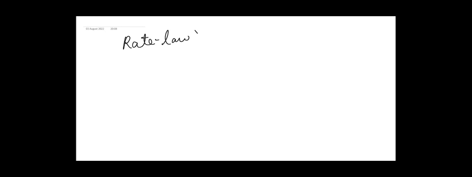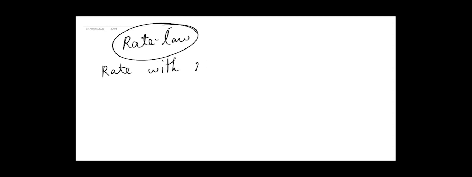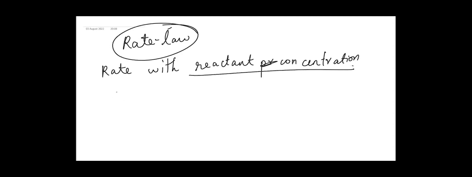So now let us see what rate law is. Rate law basically relates rate with the reactant concentration. The most important point to be noted here is that it is only the reactant concentration and not the product concentration. Now how can we express it mathematically?